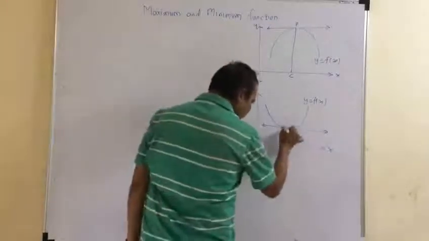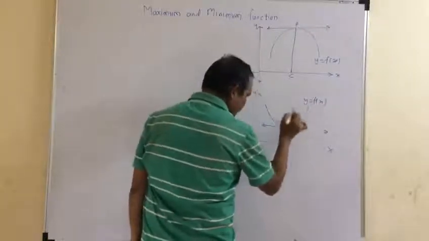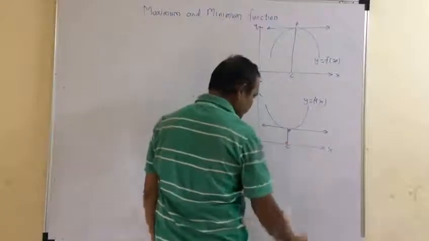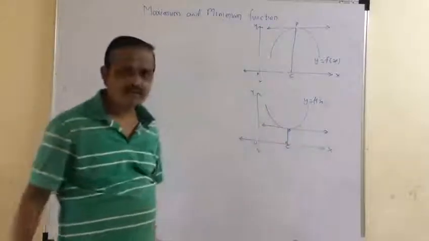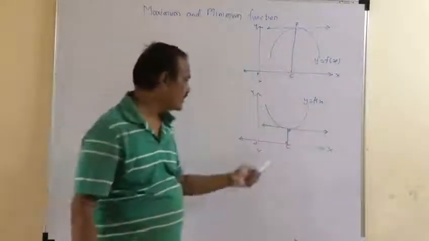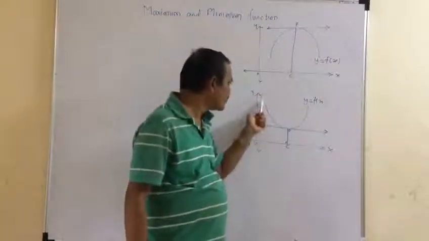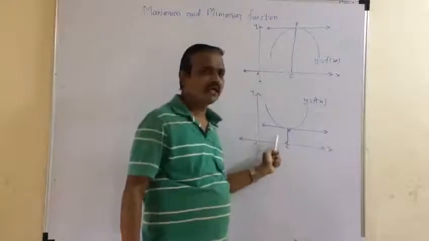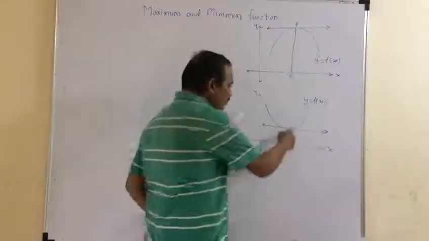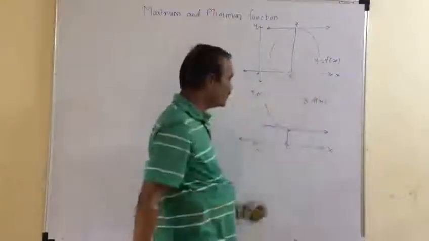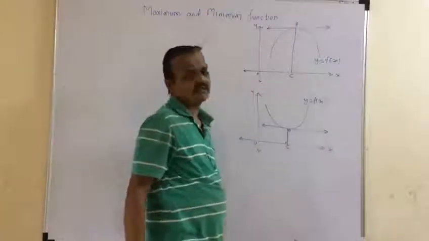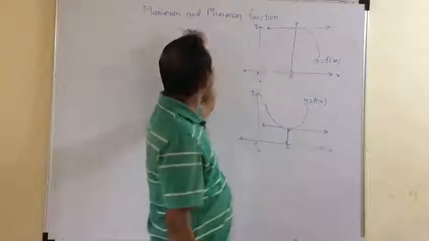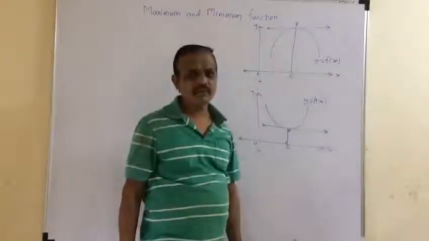Now at point P we draw a perpendicular on x-axis, say C. Now at this point C, the function goes on decreasing from the left of C and goes on increasing on the right of C. This is the basic idea of maximum and minimum function.